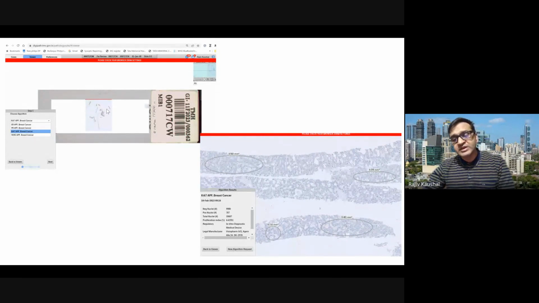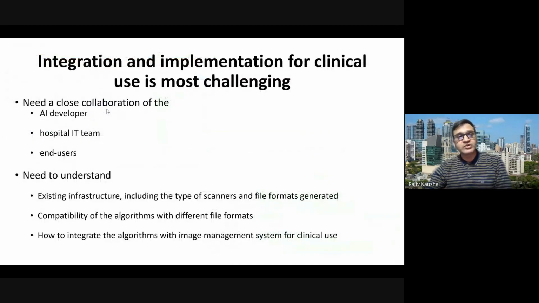And in less than 1 minute, I can say in 30 to 40 seconds, it gives the evaluation on the screen, and you don't have to move from one place to another. For the implementation of these models in routine clinical practice, we need a close collaboration between the AI developers, the hospital IT team and the end users.